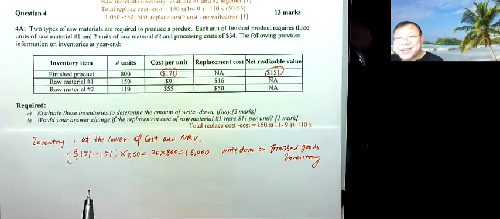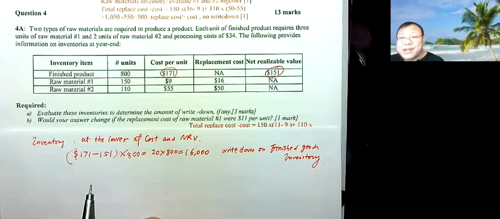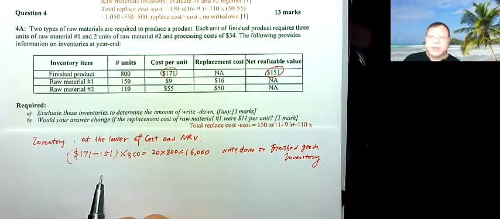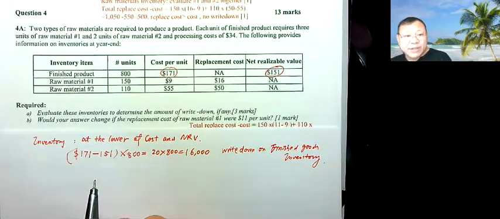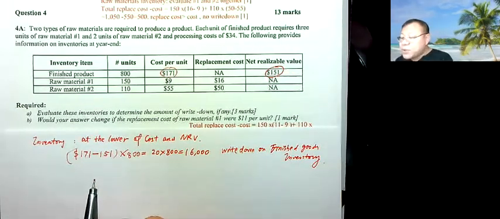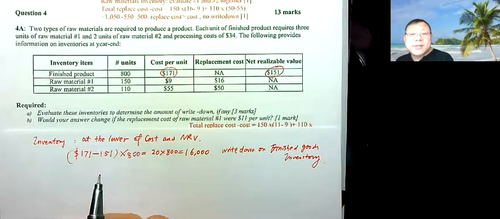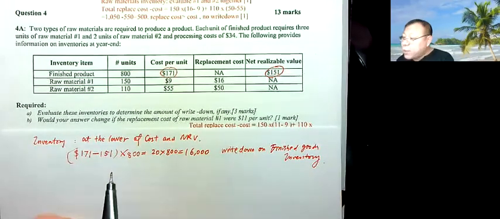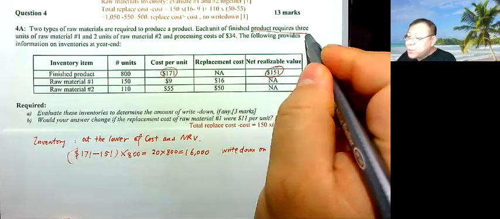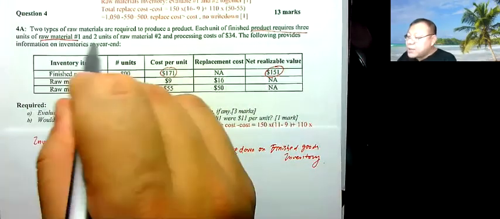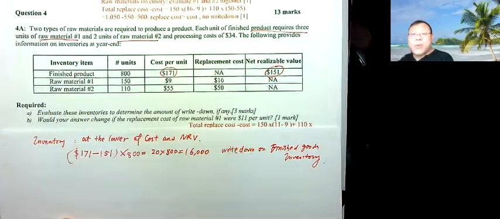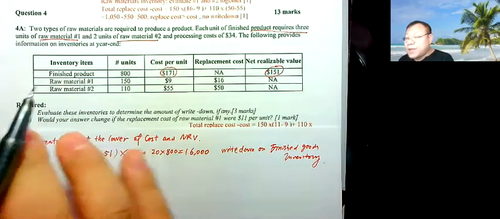We are not done, right? Remember, if there's a write down on the finished good inventory, right away you have to take a look at the raw materials inventory. You have to test on the raw materials inventory. Because the product requires both raw materials 1 and 2, we now have to make the assessment on the group, these 2 materials.